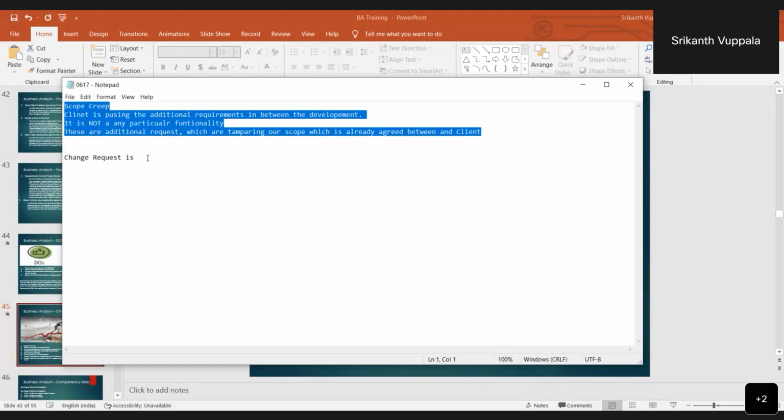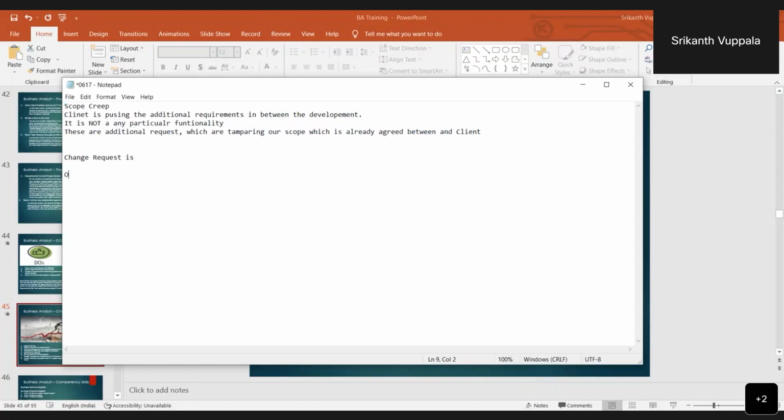Whereas a change request is, once we deliver a feature, due to some reasons, the client will give an additional requirement or will ask us to remove some part of the functionality. This is a change request.